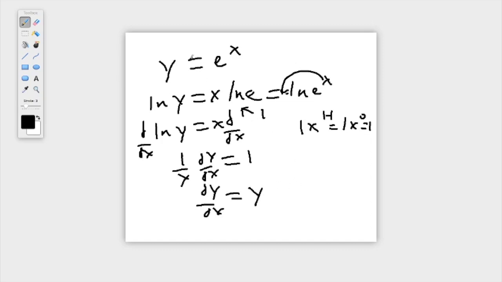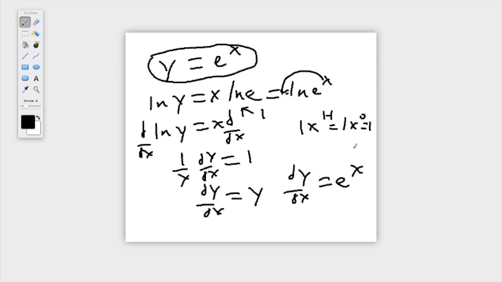And then if we go back to our original equation, we figure out that dy dx is just e to the x. So it doesn't change at all.